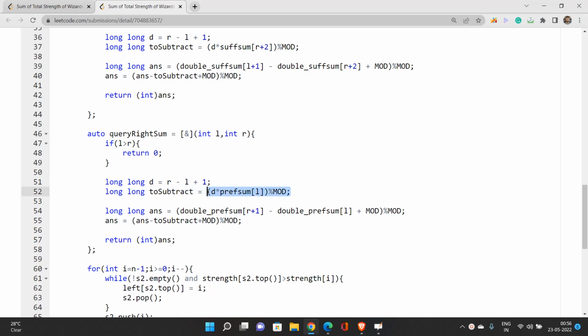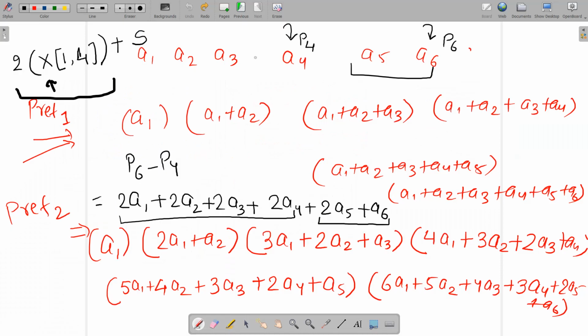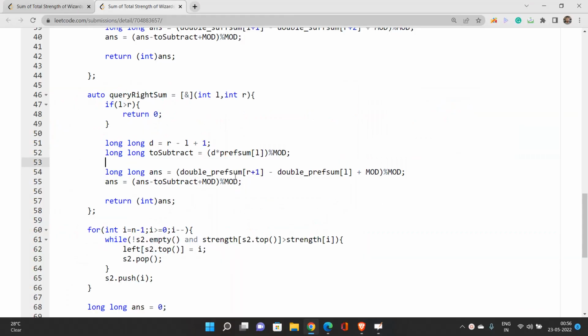Note that we need to take care of the modulus every time the answer overflows, and our answer is subtracting the value at this position P4 from P6. This is actually the position I, and this is actually position R. Note that we are converting everything to one based indexing. That's why I'm writing double prefix sum of R plus 1 minus double prefix sum at L. Note that this answer may be negative, so we need to take care of the modulus also.